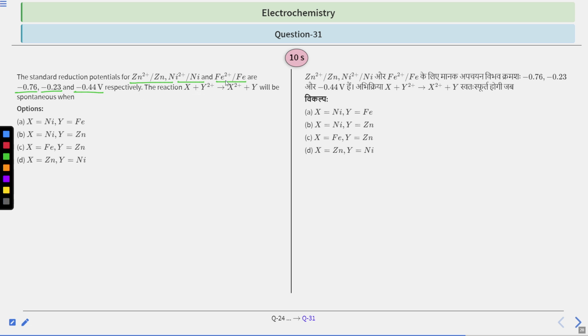The reaction X plus Y2+ giving us X2+ plus Y will be spontaneous when? Options are X is nickel, Y is iron; X is nickel, Y is zinc; X is iron, Y is zinc; X is zinc, Y is nickel. You have 10 seconds to solve this question. After that, we will see the correct answer.